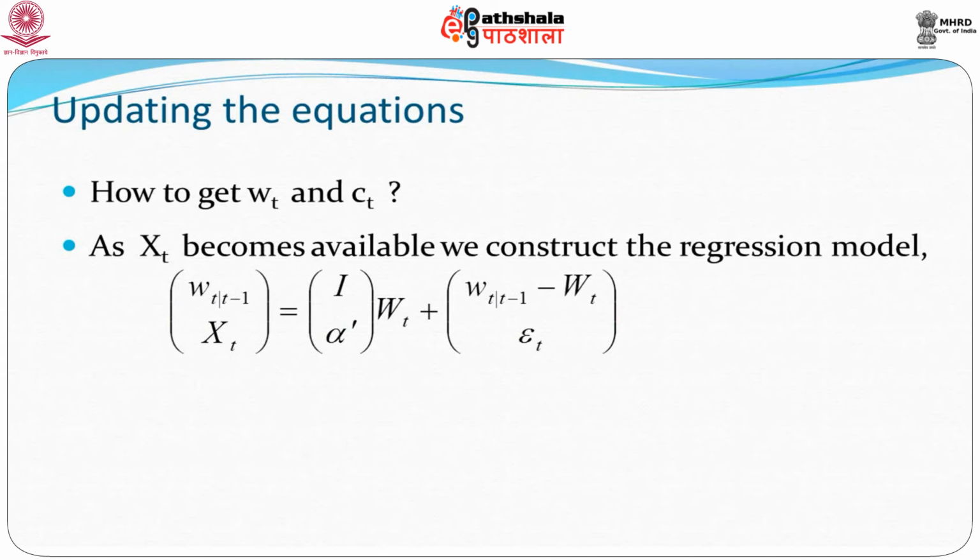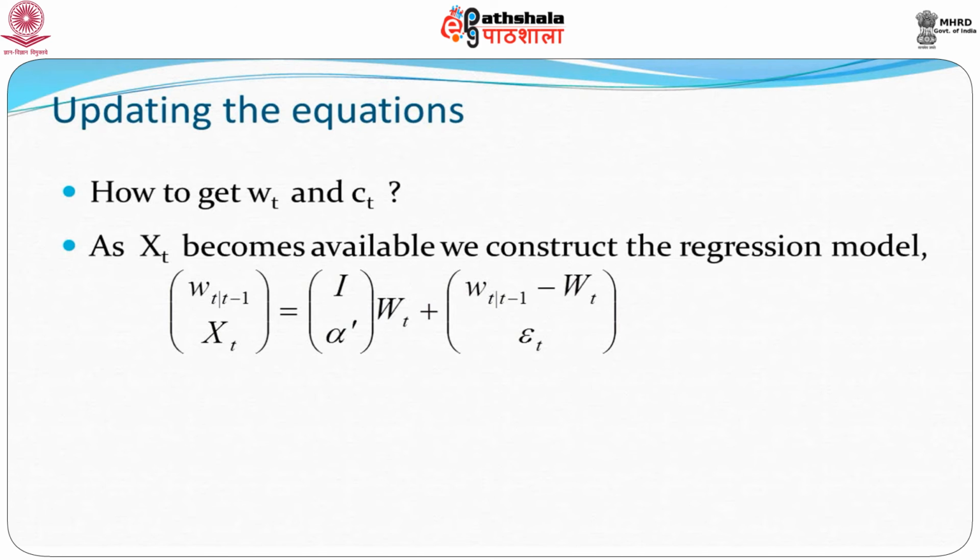On the left hand side, we have these two variables here, Wt given t minus 1, which is basically itself a vector, and we have the new observation xt. Now, if you write this as I, alpha prime, Wt plus Wt given t minus 1 minus Wt, and epsilon t, just look at the first set of equations, that is Wt given t minus 1 on the left hand side. What we have on the right hand side is I into Wt, which would be Wt, plus Wt given t minus 1 minus Wt.